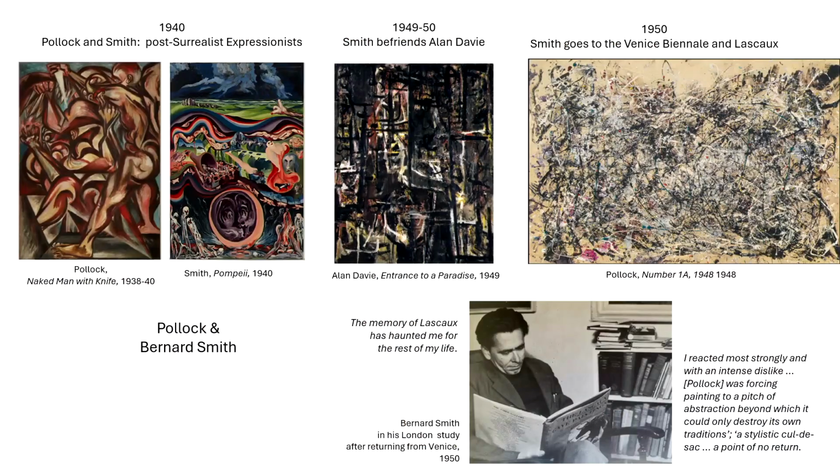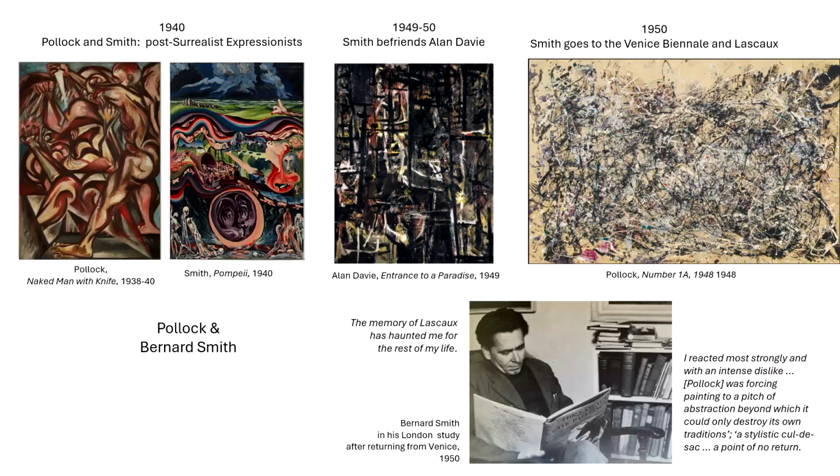Now, interestingly, if you look at a Pollock painting and a Bernard Smith painting from 1940, you realise they're of similar spirits. They're both working in a sort of expressionist, surrealist manner, this sort of anxious modernism, as the war started. They're of a similar temperament. Bernard discovers Pollock. We all know what that word discover means.